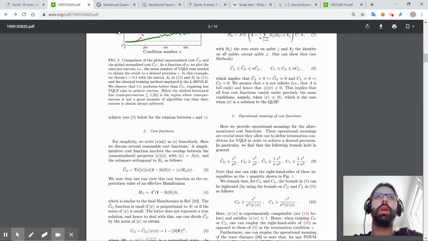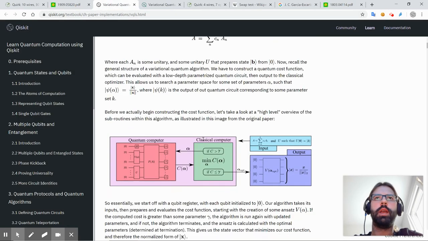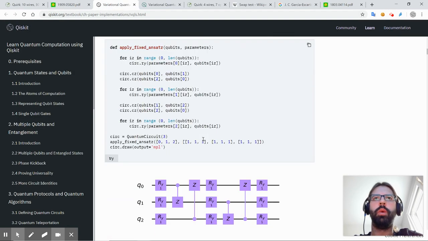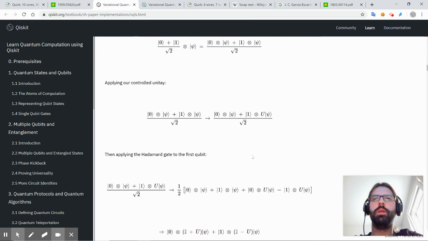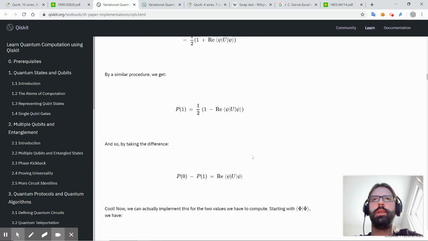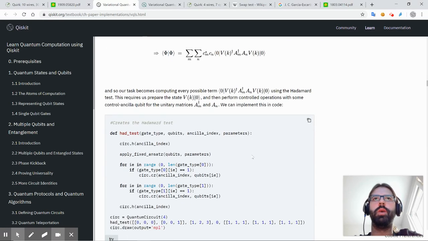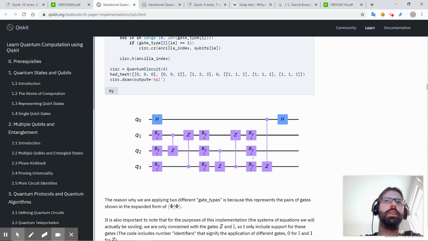Here, I think I finally understood where the Z comes from. I was so confused last time. Why these, and why on qubit 3?